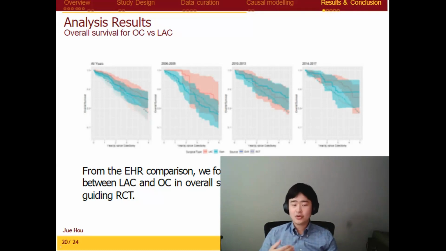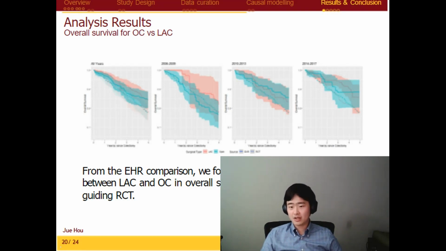You can see that using our temporal trend adjusted analysis, we are able to get a very similar result to the target RCT. If you look at the all-year analysis, we have very closely knit lines for the 2 arms, and their confidence bands overlap.